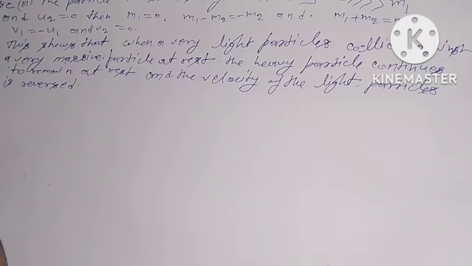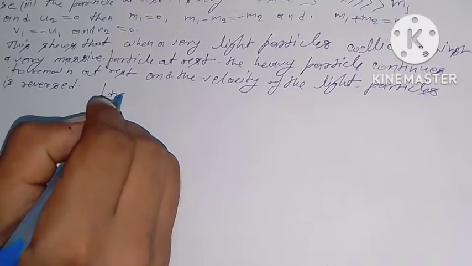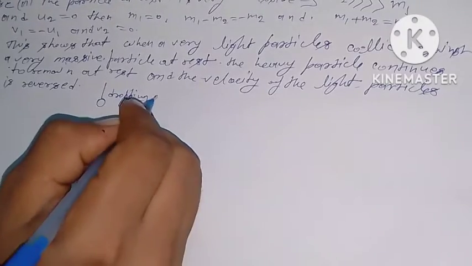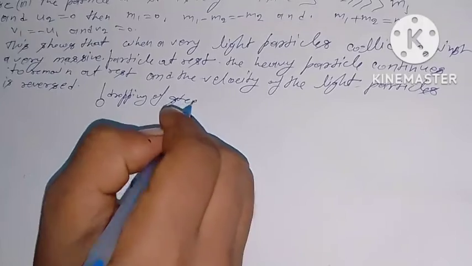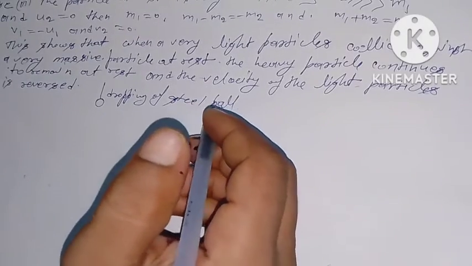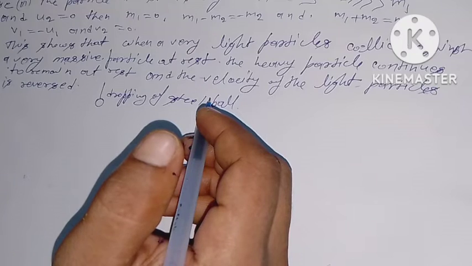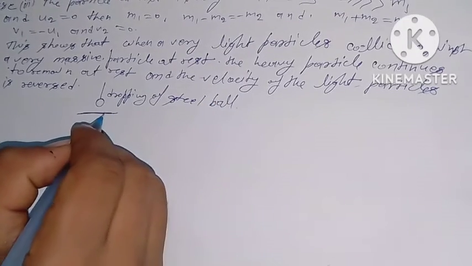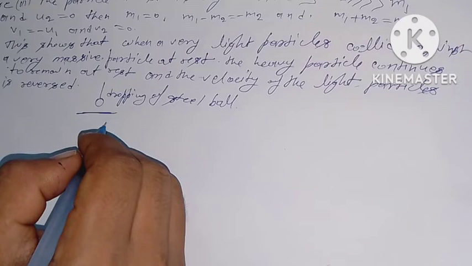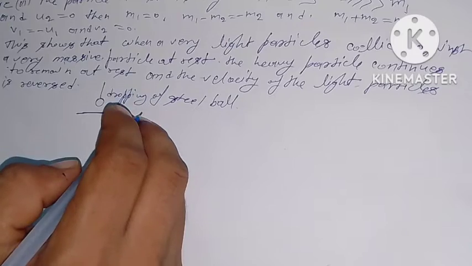A familiar example of this is dropping of a steel ball on an equally hard horizontal surface on the ground.